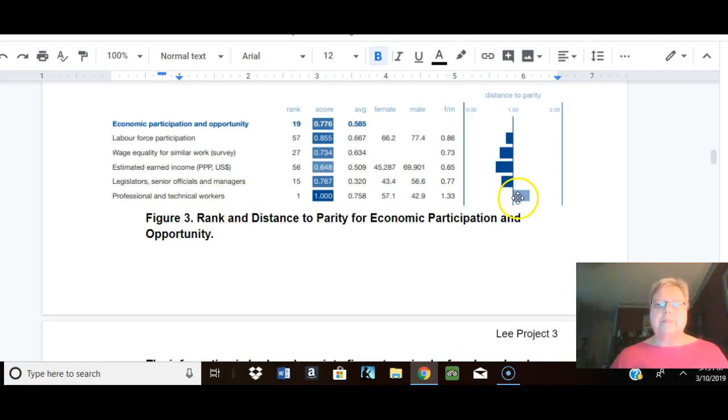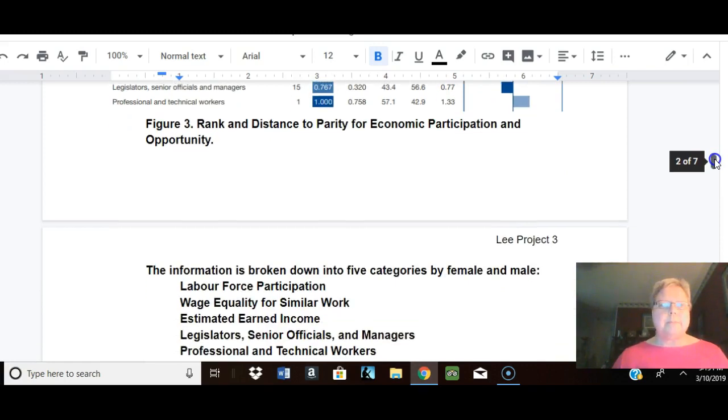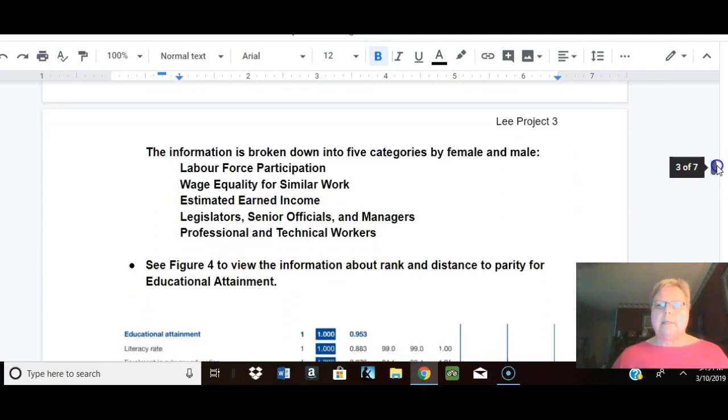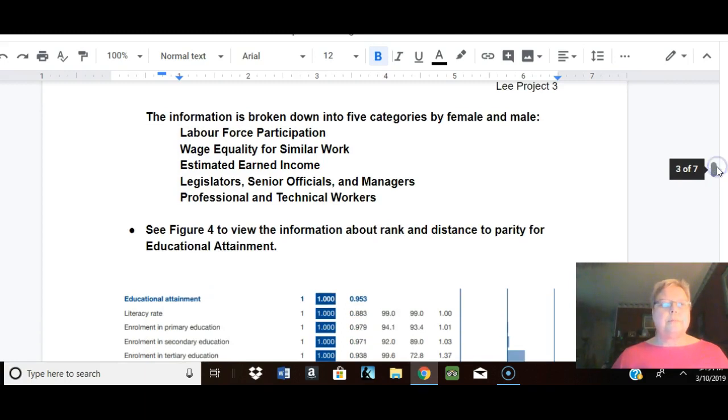In fact, women are exceeding men in that category, but everything else, not as much. Over here, you can actually look at it and see the visual of the places where we're at parity or beyond parity, and the places where we're still moving up or down.